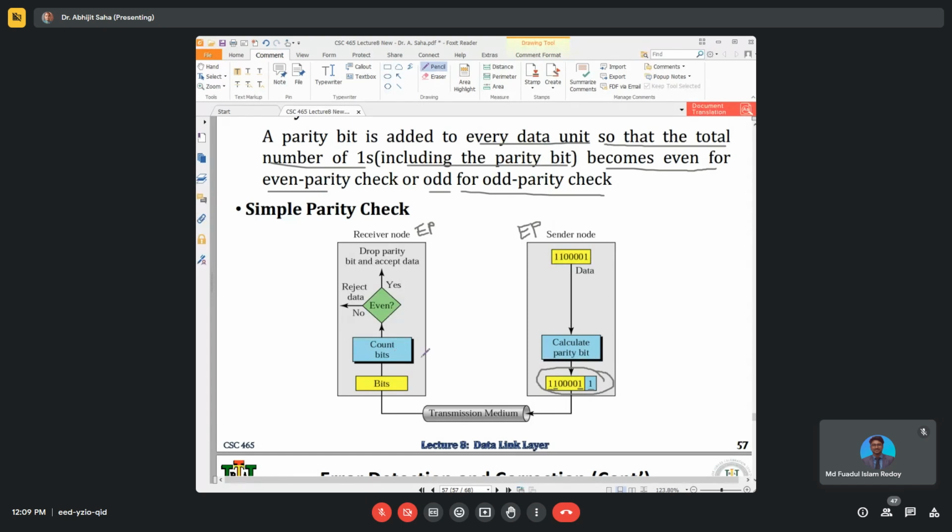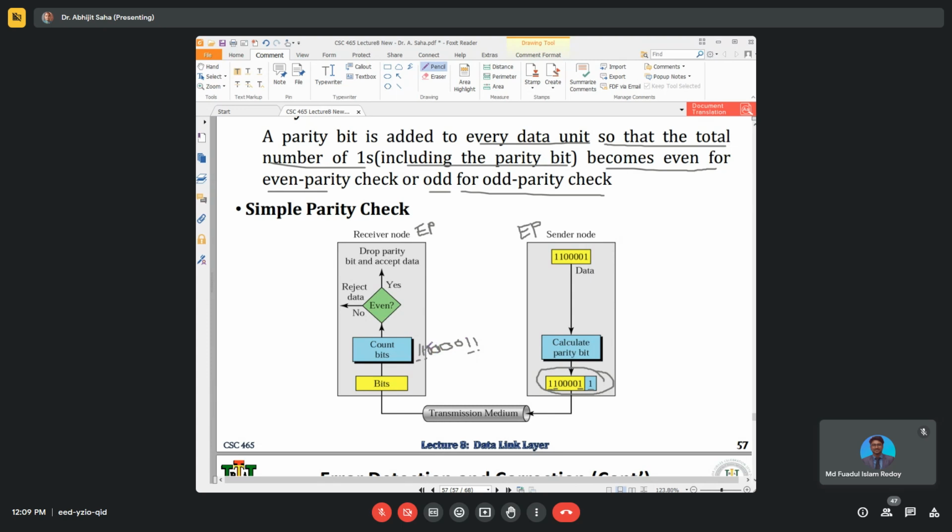Here it checks what it has received: 1 1, then 4 zeros, then 1 1. It counts the ones and checks that yes, the number of ones is even. That means it understands that there is no error and the packet is going to be accepted.